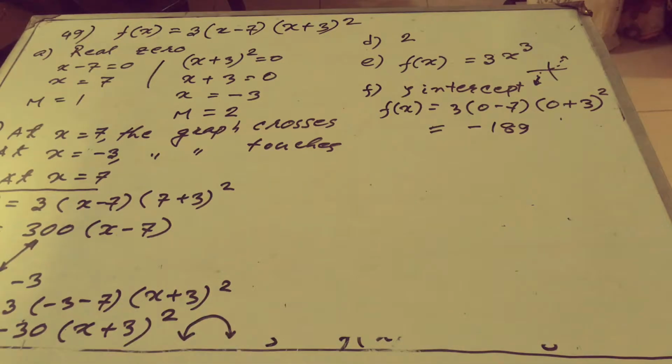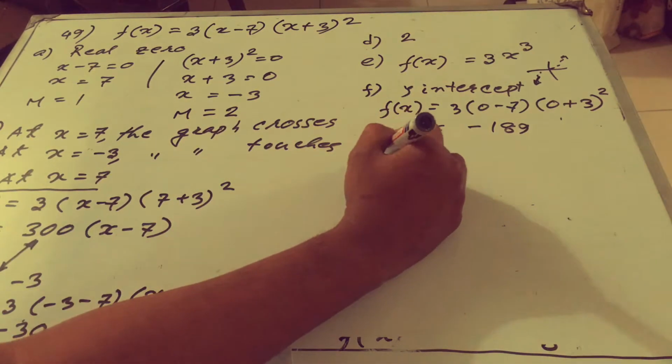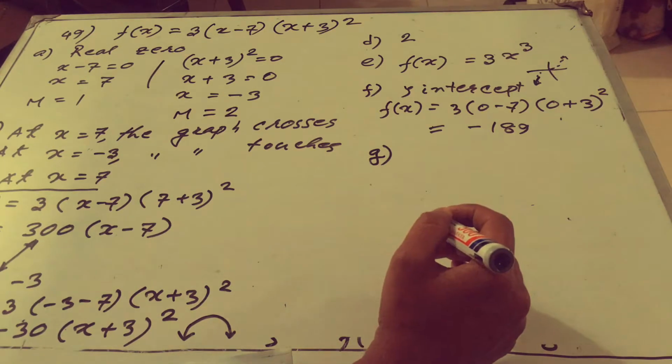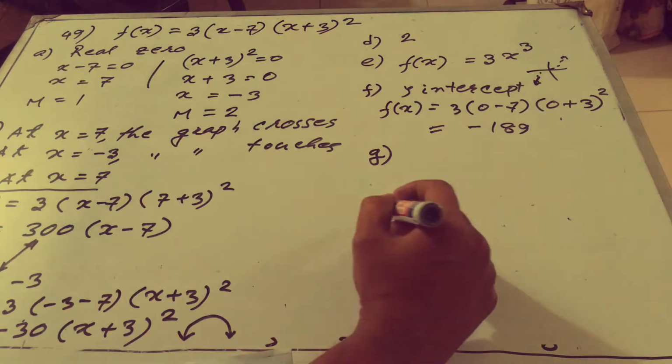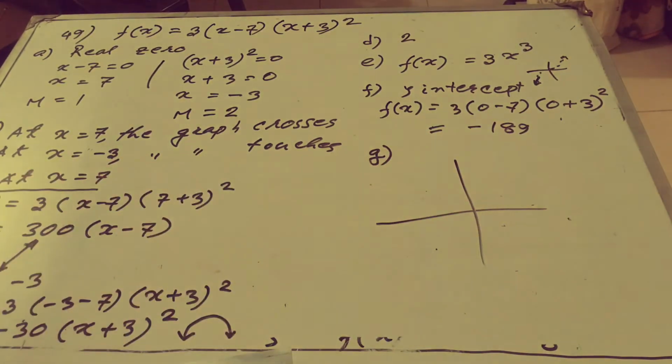Now I'm interested to draw the graph and to see what type of graph we are going to get here. Let's draw the graph of this function, though it is not needed actually according to this question, but we are interested to draw it. So if I want to draw it, then let's draw the axes.